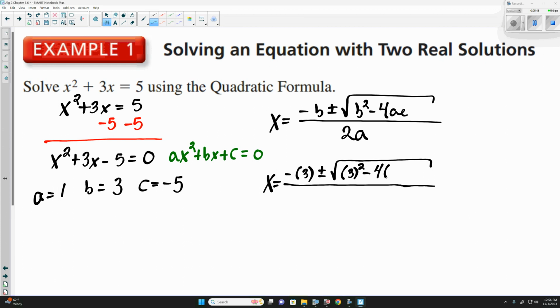No calculator for now, because we're going to plug each one in. So we have 3 squared minus 4 times a, well, a times c, which is -5, all over 2a. Well, a in our case is 1. So I've gone into this formula and plugged in the values of a, b, and c in their corresponding spots.